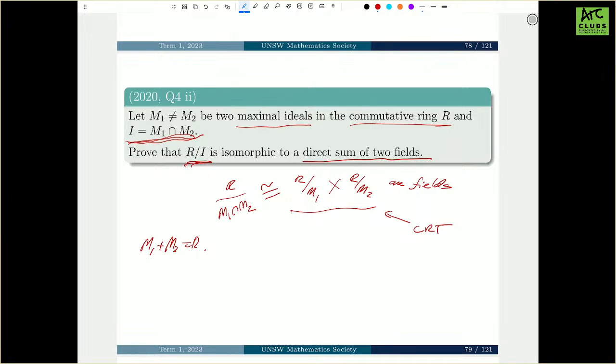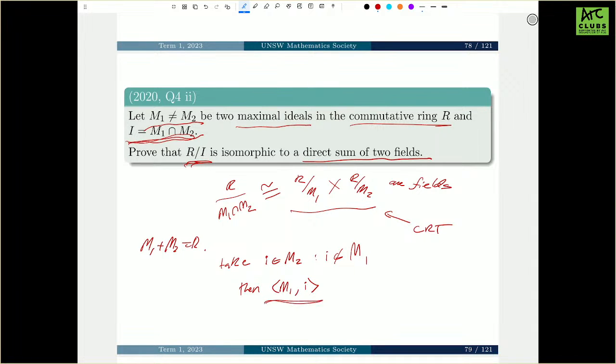This is going to be the case for any pair of maximal ideals pretty simply, because let's say we take i in M2 such that i is not in M1. We can find such an i because by hypothesis these two are different. Then consider M1 and i, the ideal generated by these.